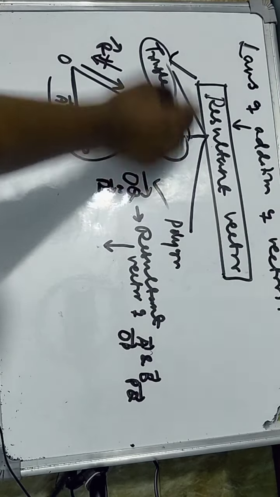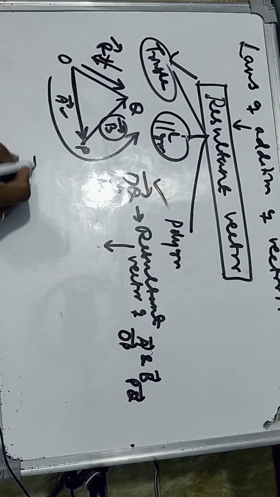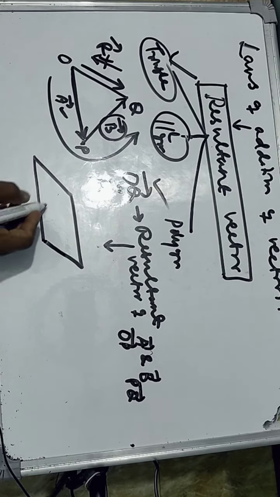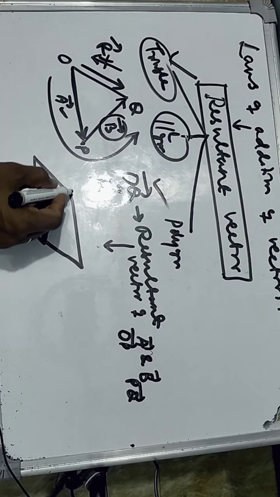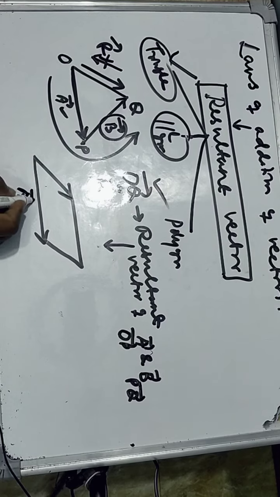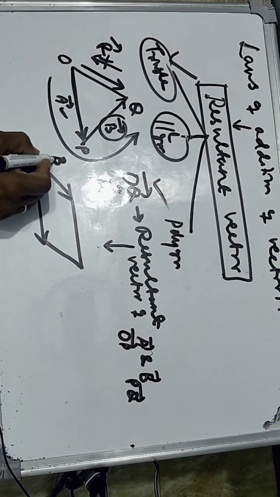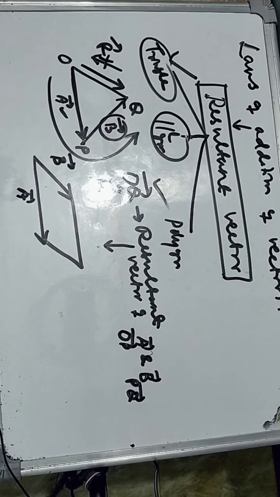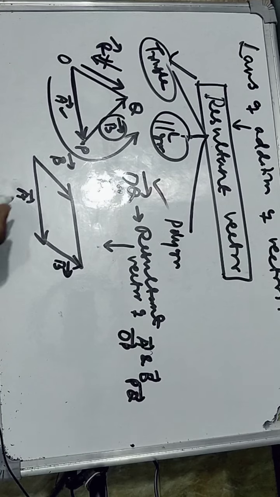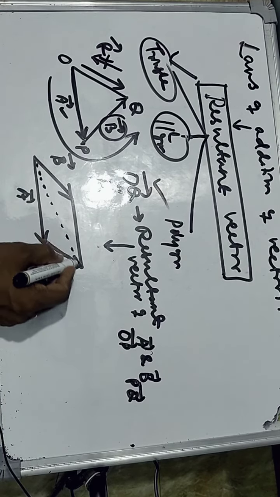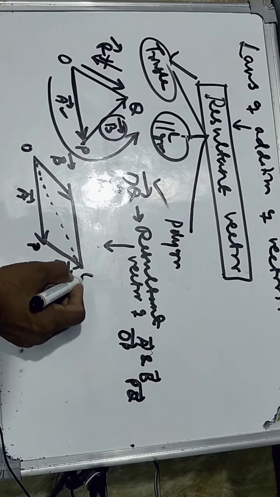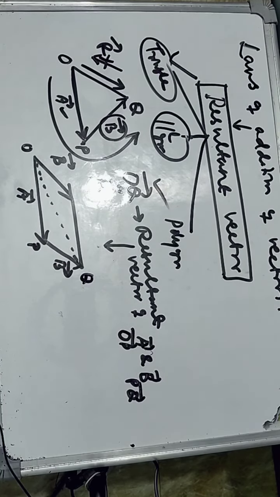In parallelogram law of vectors, let us have one parallelogram. If two sides of the parallelogram are A and B, then the resultant vector will be the diagonal of this parallelogram.